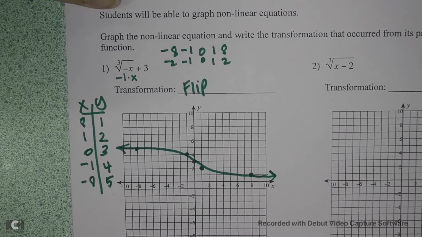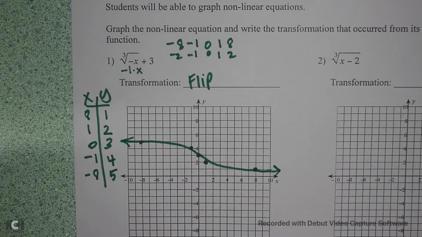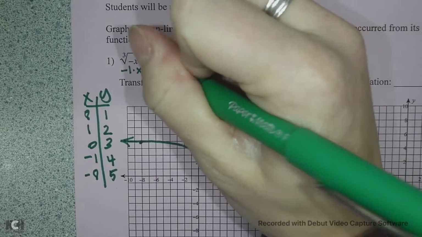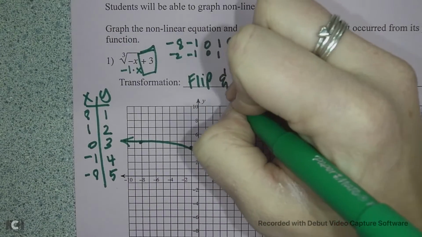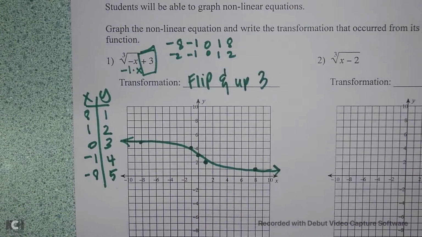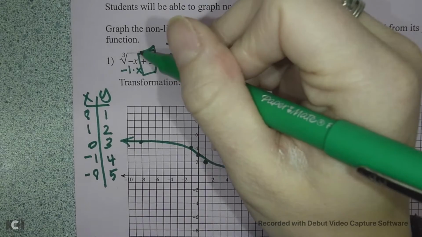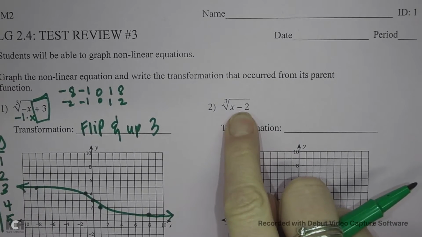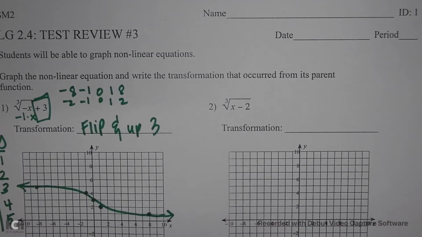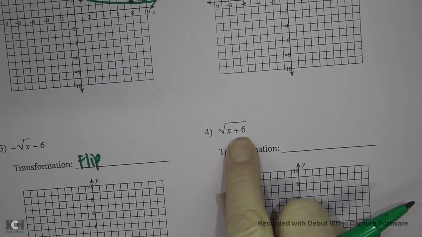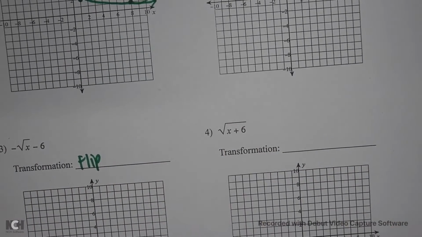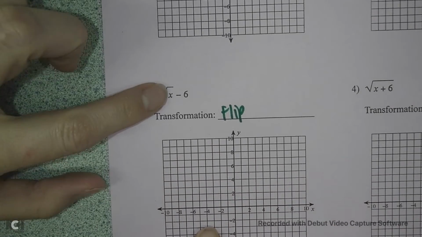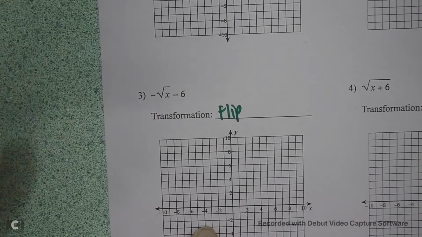And again, it's hard to tell which direction it flipped, but we also shifted up 3 places, because the extra number is not inside of my radical. So like on this one, I'm going to shift right 2 because it's opposite of the sign. And this one would shift left 6. But this guy doesn't, again, have another number inside of my radical.